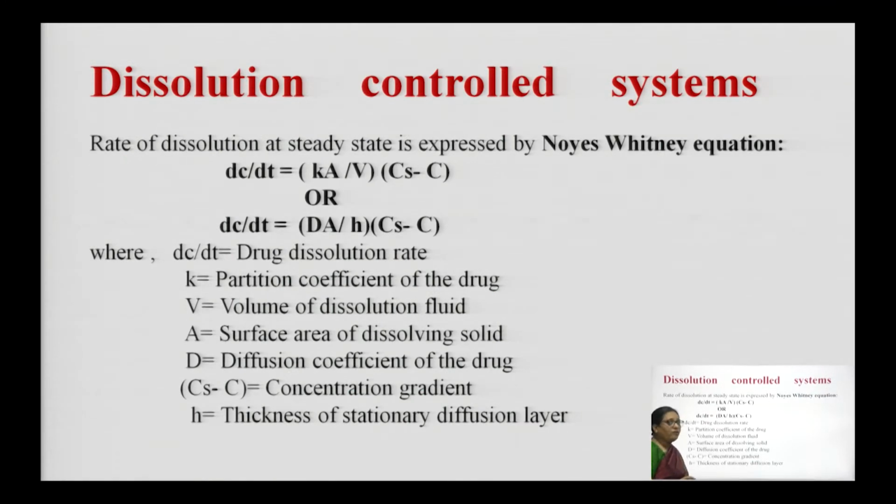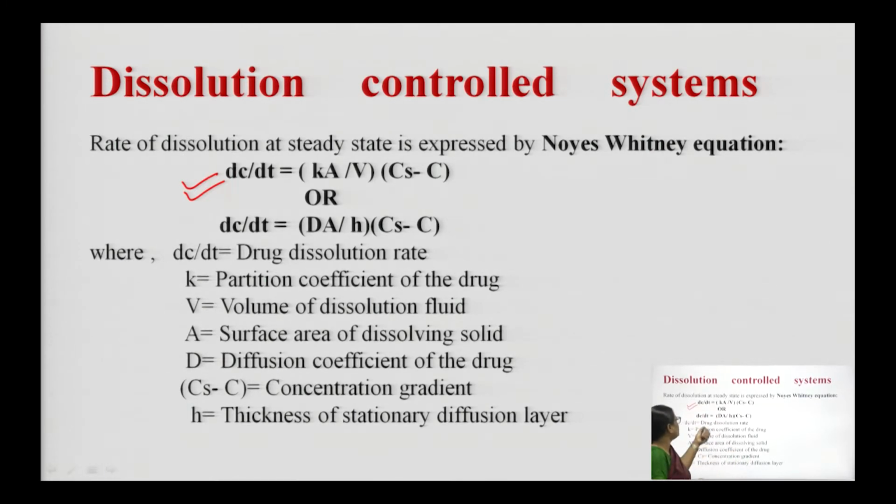The rate of dissolution at steady state is expressed with the help of the Noyes-Whitney equation. You can see this equation here, dC/dt, which gives you the rate of drug dissolution.